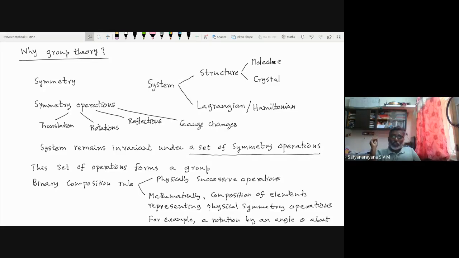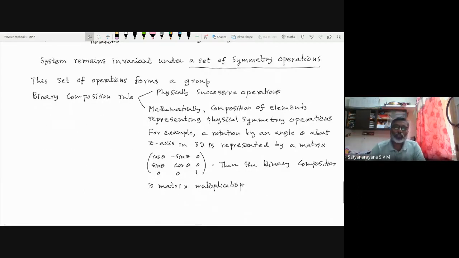Similarly, for crystal structures, using group theory, you will also be able to predict. So you can use group theory in conjunction with X-ray diffraction to get a lot of information about the structure.